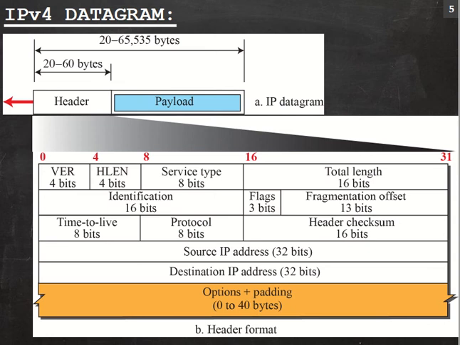The datagram can also carry packets of other protocols that use the service of IP, such as routing and auxiliary protocols.